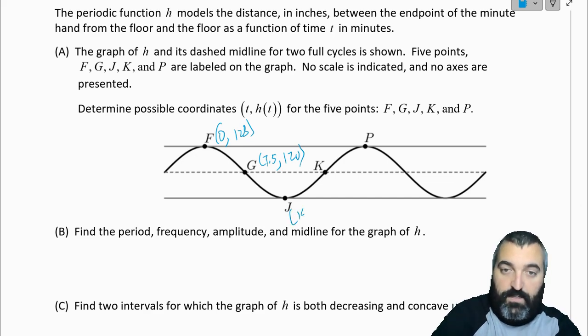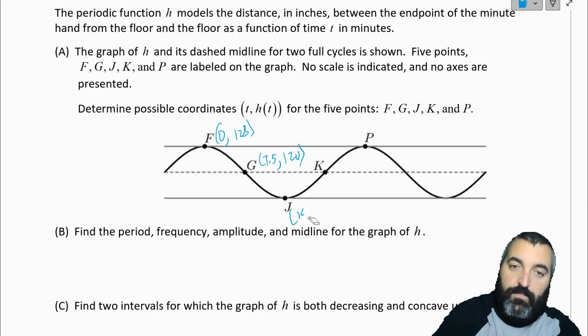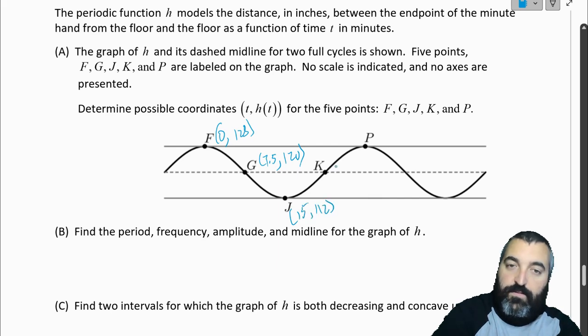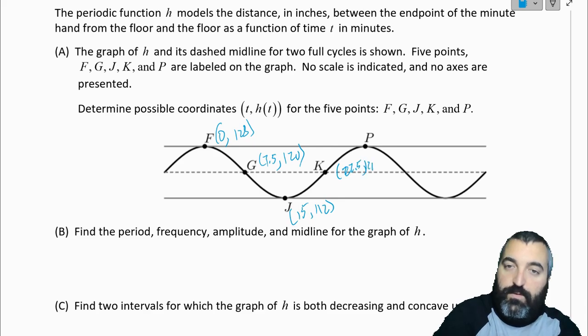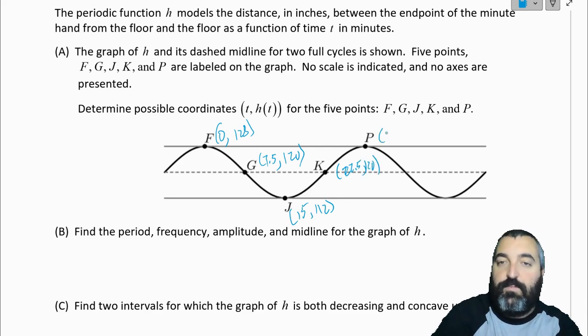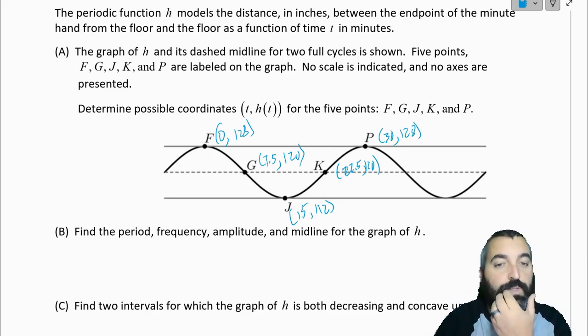This is 15, 112. Then 22.5, 120. And then finally, we made it back at 30 minutes. Okay, so there we go.